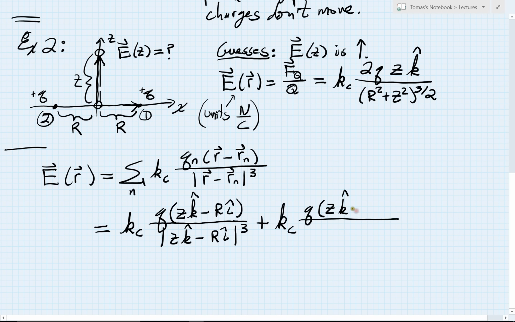And then I have to go minus, and now I have to write down the location of charge number n equals 2. That charge is over on this side of the line, and its position vector is then the instruction of how to get from the origin here over to that point. That would be this displacement vector. And the instruction that corresponds to then is to go a distance R, but in the minus i-hat direction. So I think with all these minus signs, I'd better open up a parenthesis.